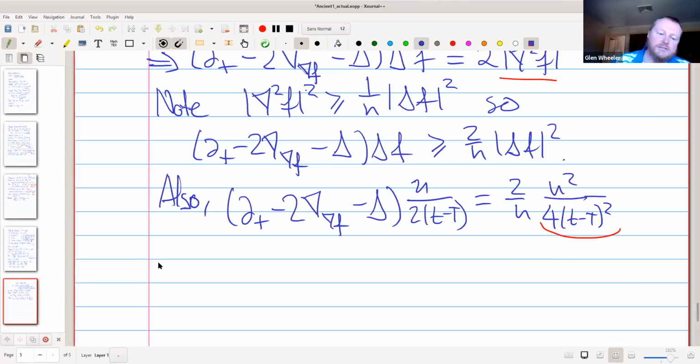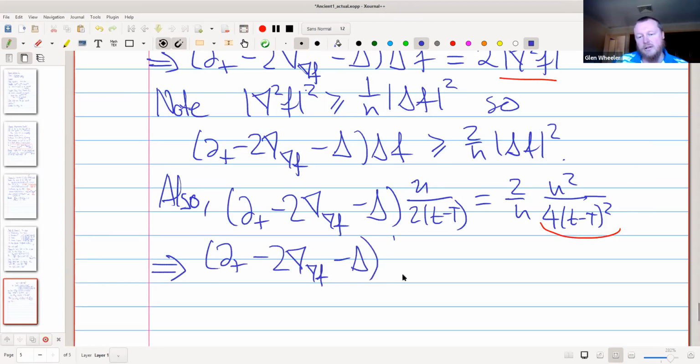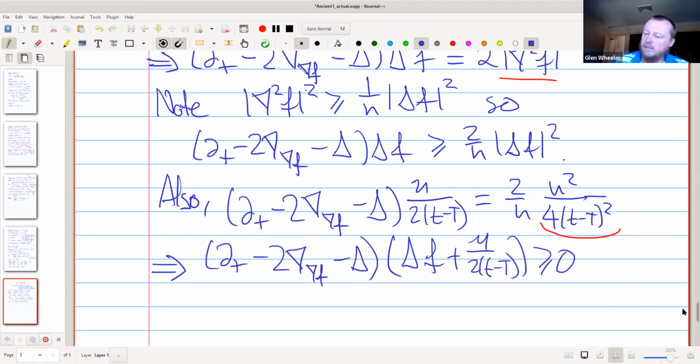And so what that means is d/dt minus 2 gradient f minus Laplace, and then we just mix these guys together like this, is greater or equal 0.